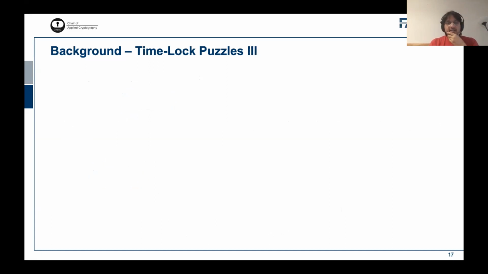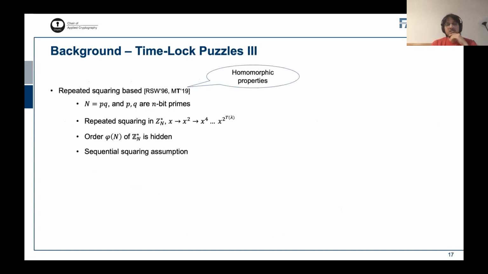Okay. And in terms of constructions, the most popular construction is the one based on repeated squaring in the RSA group. So in the setting, you have two large primes P and Q, and you generate an RSA modulus N. And the repeated squaring is basically you take a random element x in Zn star, and then you keep squaring it, x squared, x to the power 4, and you do T squarings.